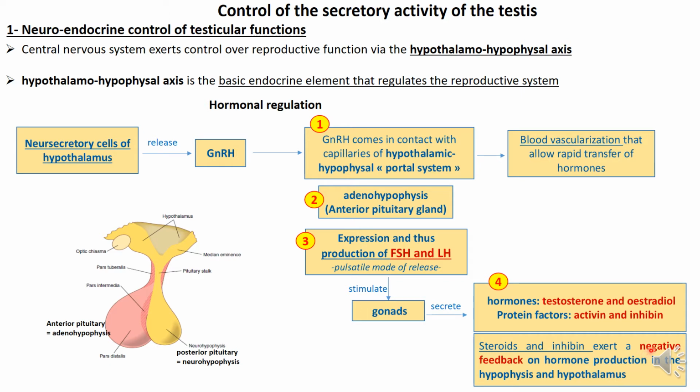In fact, testosterone exerts a negative feedback on the production of GnRH by the hypothalamus and on the production of LH by the adenohypophysis, and inhibin exerts a negative feedback on the production of FSH by the anterior pituitary gland.